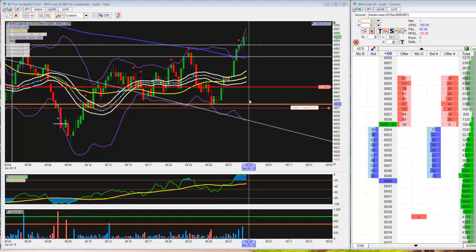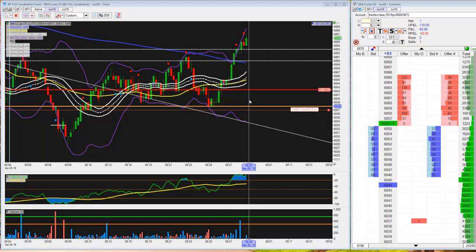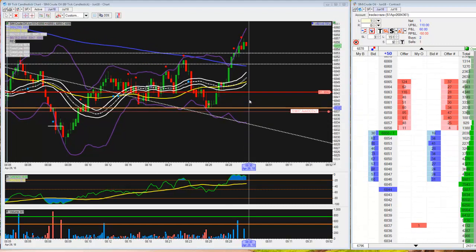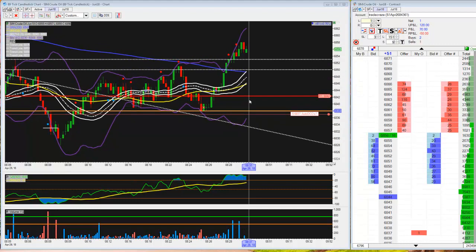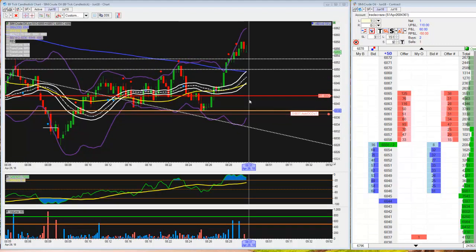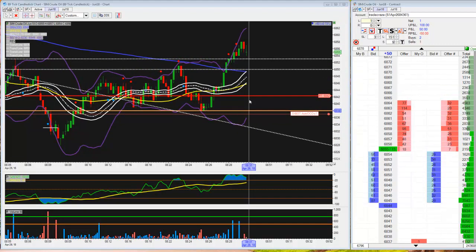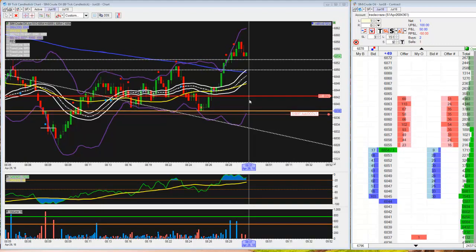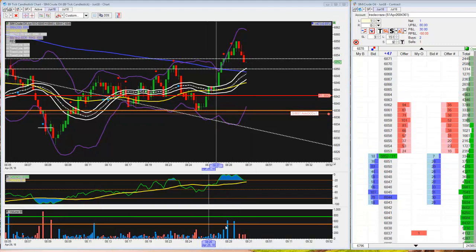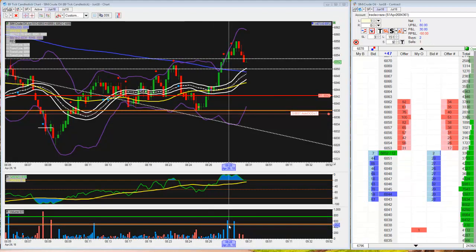Alright, so once again 68, 66. $151 ticks from there brings us to 69.95. Blues have not reached over 1,000.